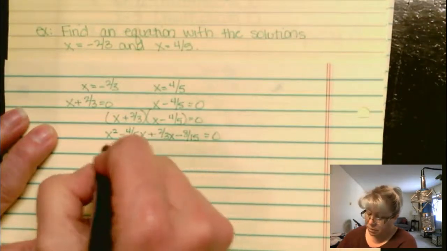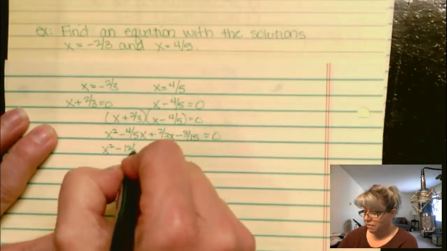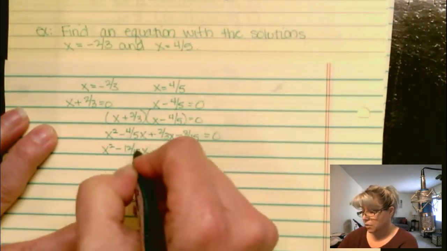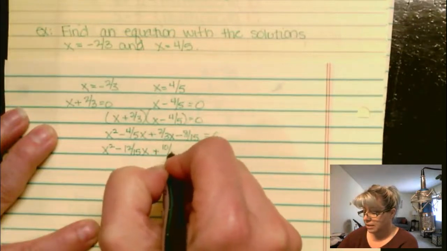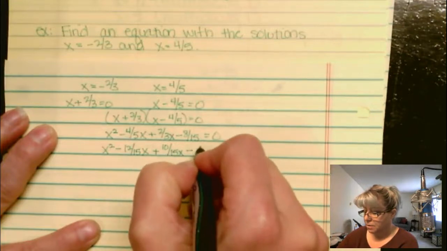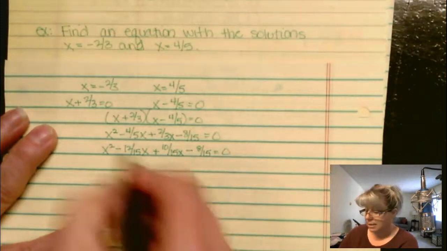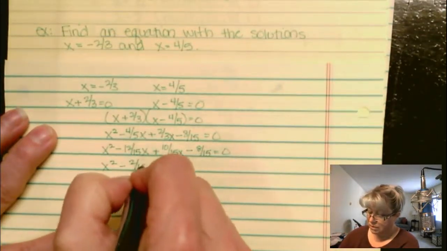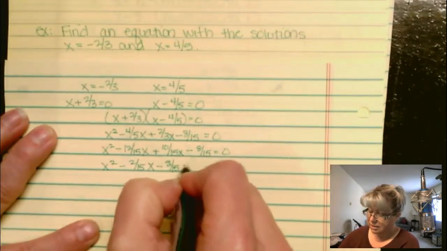Looks like it will be 15, so negative 12/15 x plus 10/15 x minus 8/15 equals 0. All right, let's combine those. X squared minus 2/15 x minus 8/15 equals 0.